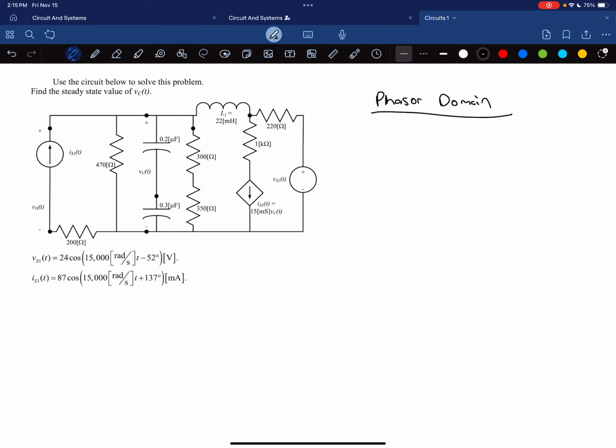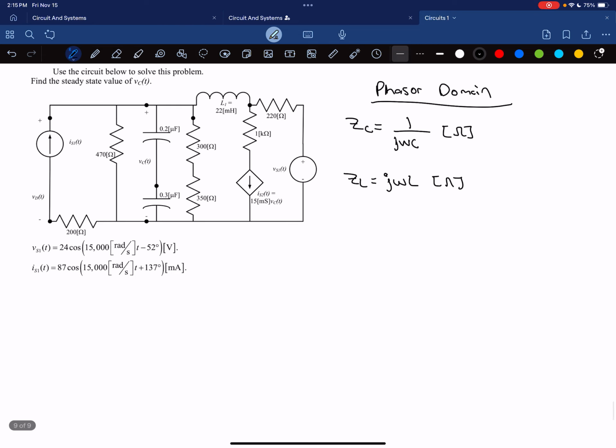So let's do that. We know that capacitors convert to phasor domain as an impedance, which is 1 over jωC, and this is going to be in ohms. And we know that inductors convert by doing jωL, and this is also going to be in ohms. We can also convert these two. We know that this is the voltage and the current as a function of time.